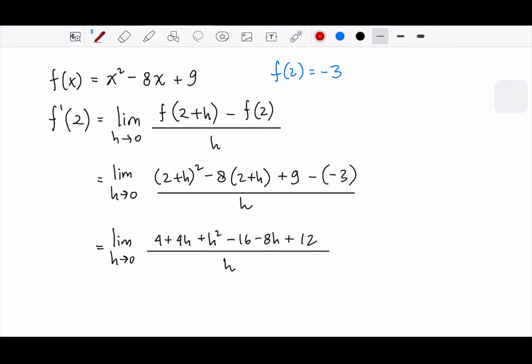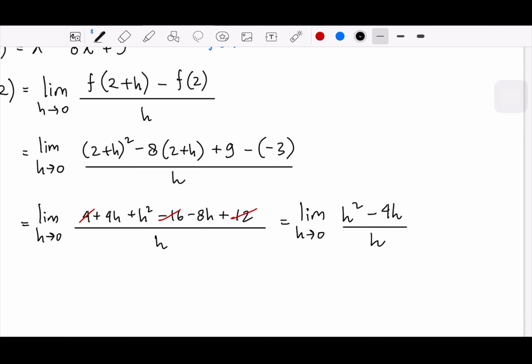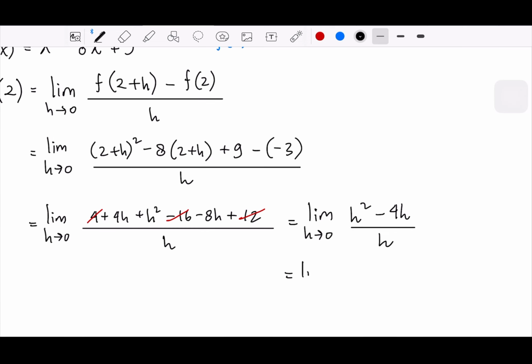And you will see negative 16 with 4 and 12 will cancel all together, become 0. So we will have 4h minus 8h is negative 4h. So maybe I'll write here. Limit is h squared minus 4h divided by h. So this will be limit.